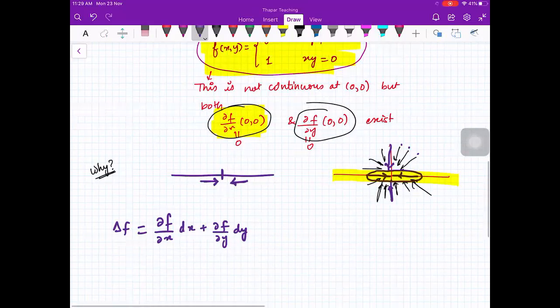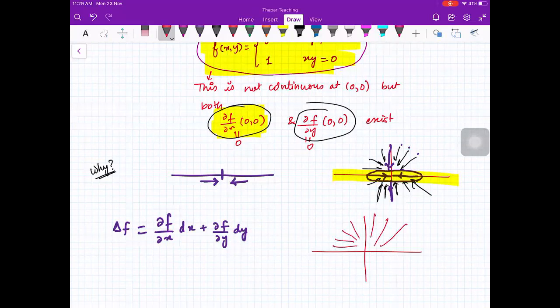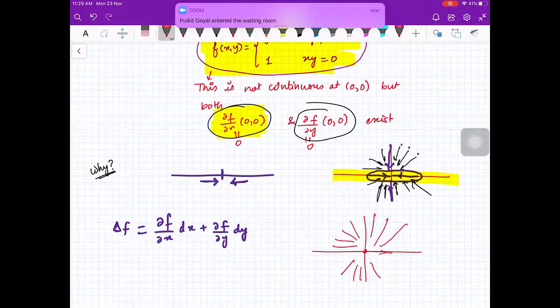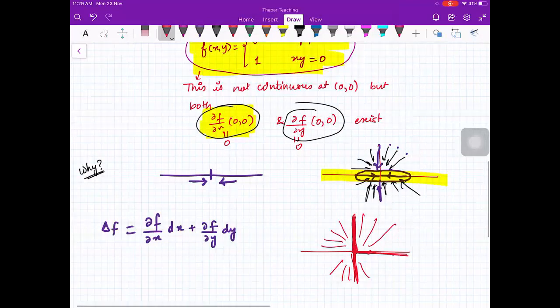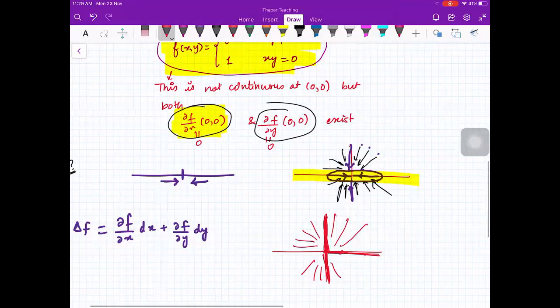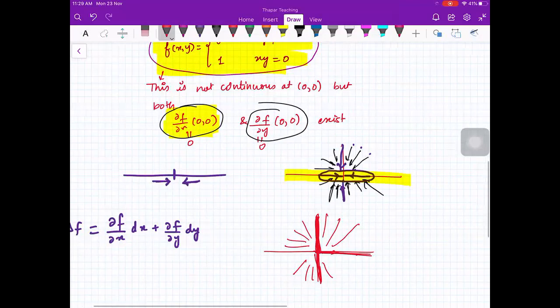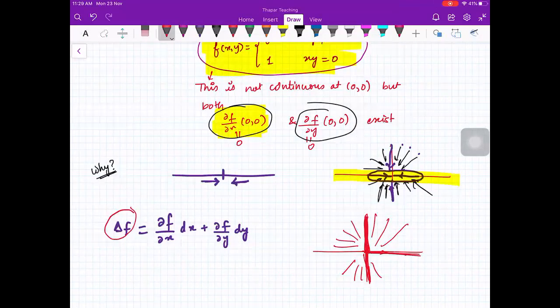No, why? See, that is what I'm saying, right? These directions are important, but when you are at a point, our function is a function of only two variables: this x variable and this y variable, right? So here, what we are computing is the change in f when there is a dx change in x and a dy change in y.